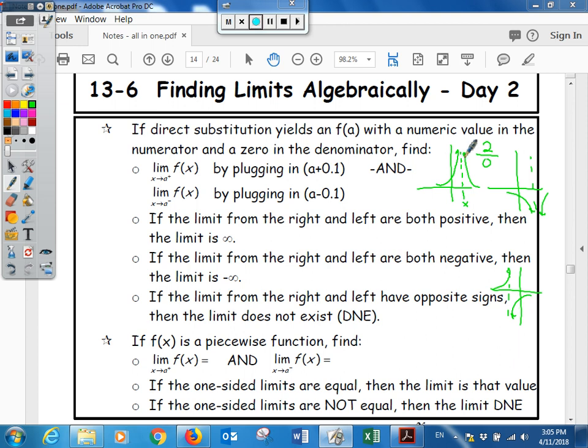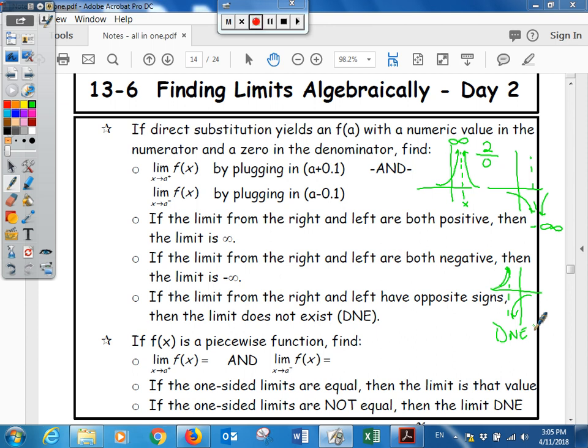If both sides are heading upwards, then we talk about the limit being infinity. If both of them are heading down, the limit is negative infinity. But if one is going up and one is going down, that's where the limit from the left and the limit from the right aren't equal, and therefore the full limit does not exist.